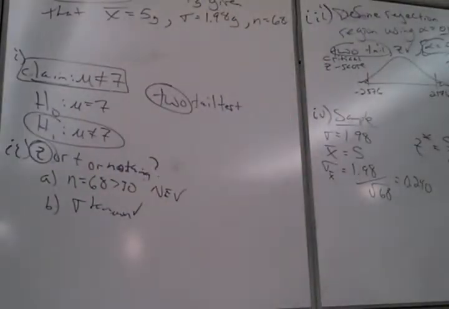If you do normal CDF, now you want to know what it is from negative infinity up to negative 8.33, because you want to know the tail below negative 8.33.